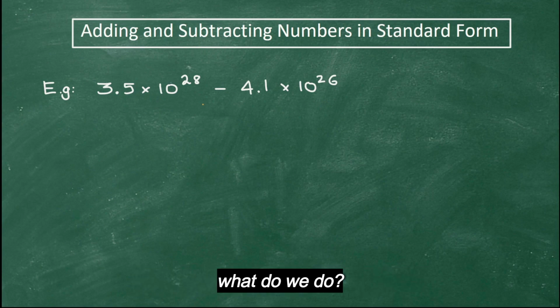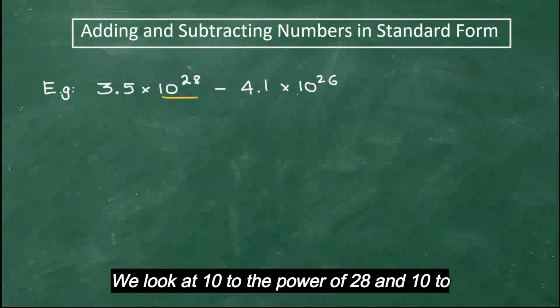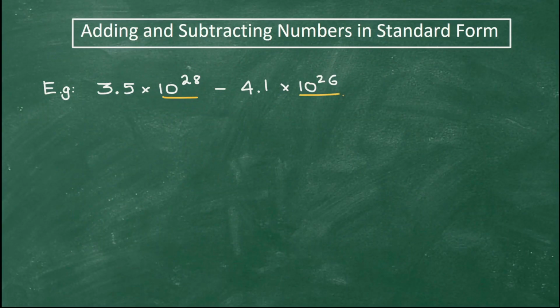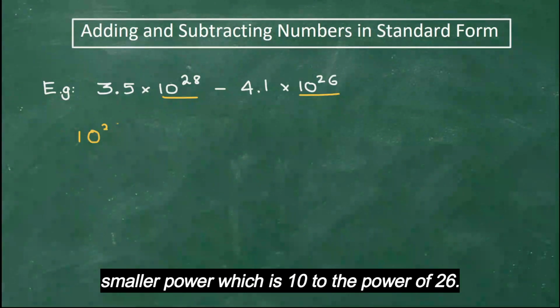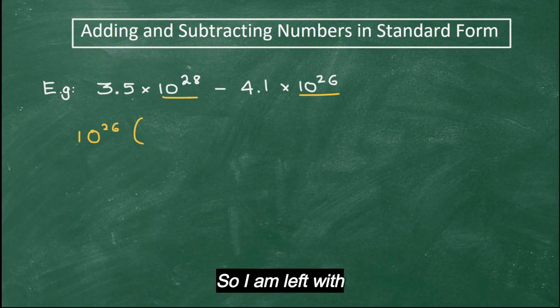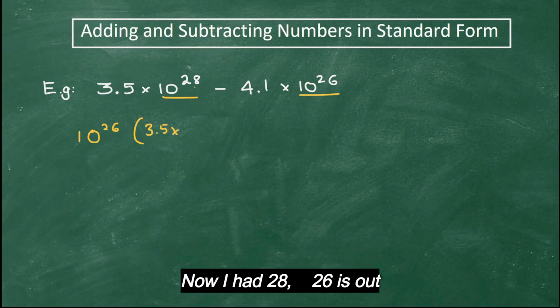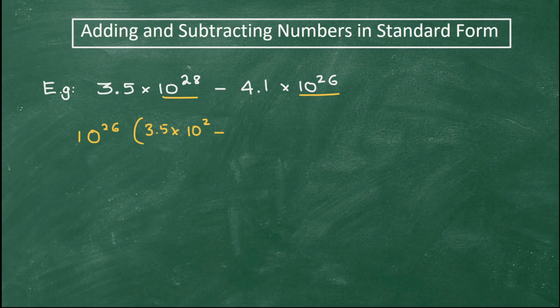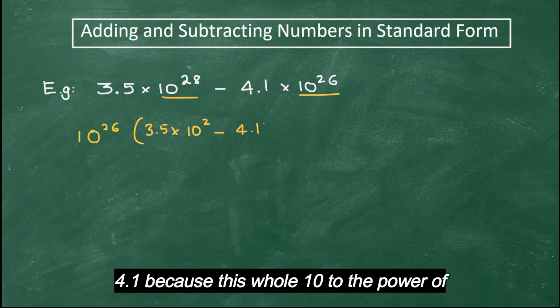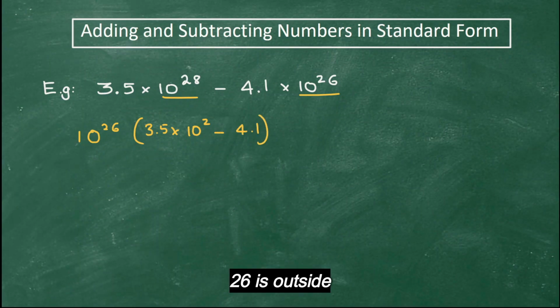Now what do we do? We look at 10 to the power of 28 and 10 to the power of 26, and we just take out the smaller power, which is 10 to the power of 26. So I'm left with 3.5 times 10 to the power of, now I had 28, 26 is out, 10 to the power of 2. Take away 4.1 because this whole 10 to the power of 26 is outside.